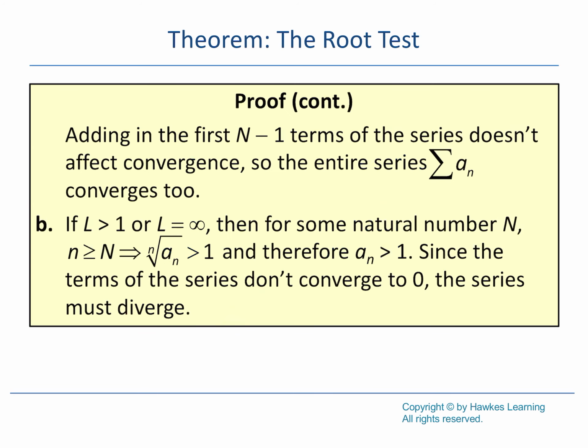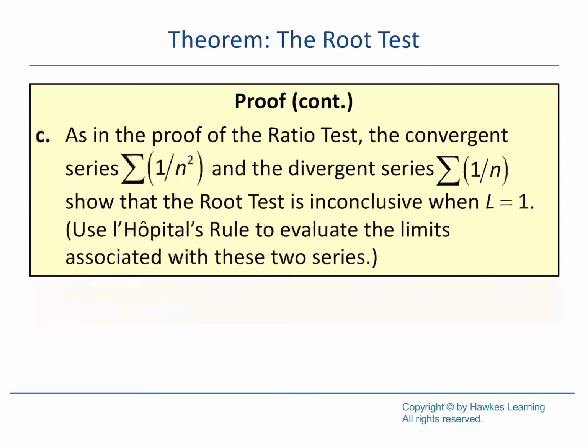Again, for this one, we can show that the nth term in the series does not settle down, doesn't converge to 0, and the overall series would diverge. And then again, 1 over n and 1 over n squared give you the same conclusion that the limit here in the root test would be 1, but those definitely are different types of series. One converges, one diverges.